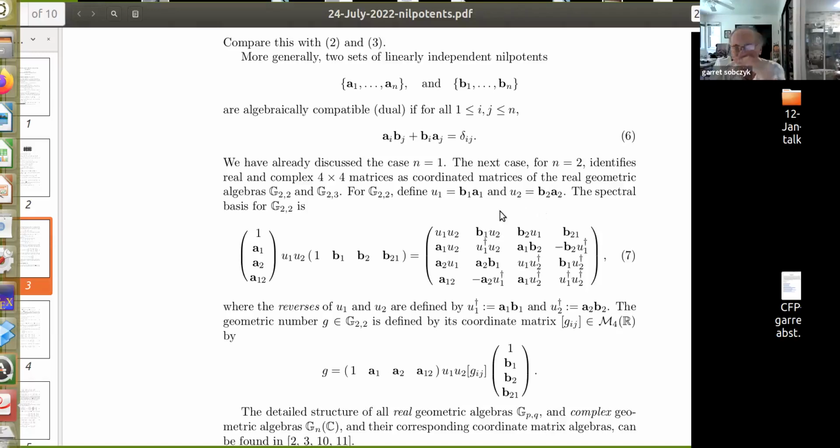So I'm identifying a matrix with 1 in one place and zeros everywhere else with this element. I'm identifying each element of a unit matrix with the corresponding element in the corresponding geometric algebra.